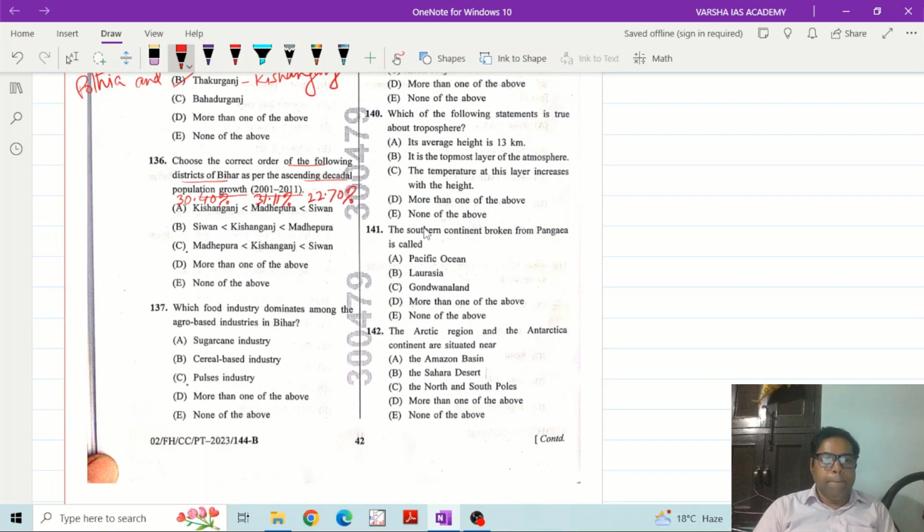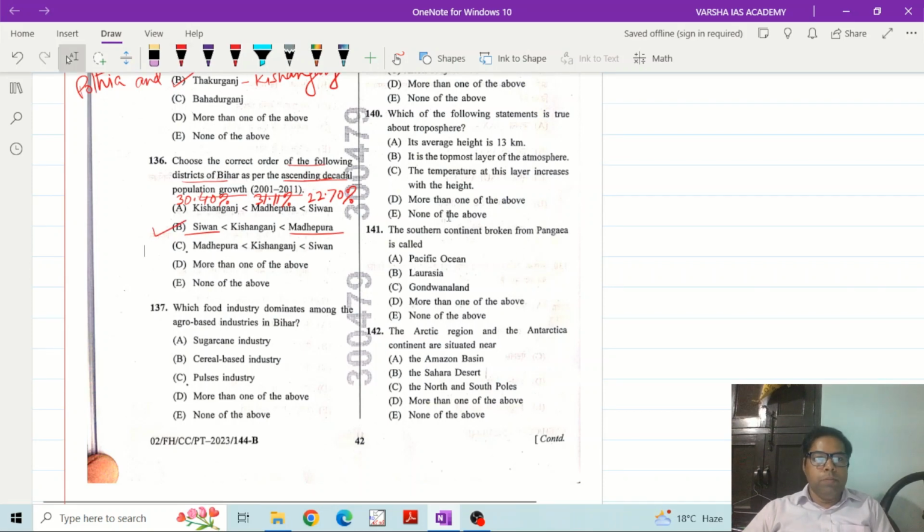Right. So on the basis of this data, it is asking in ascending order, from low to high. The highest is in Madhepura, and the lowest is in Siwan. So the answer is simply B.